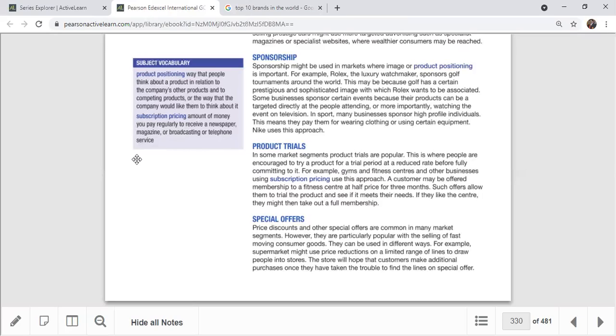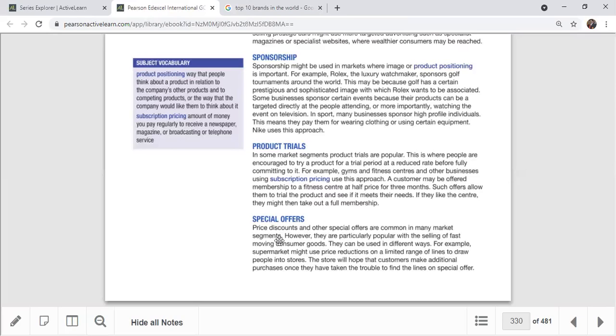Like for Zoom, we are paying a $15 subscription price every month in order to maintain the service. So a customer may be offered membership to a fitness center at a good subscription price, and also offered a free trial period before you actually subscribe. Some software you can use with a free trial period of 2 weeks or something, then you can subscribe. If they like the center, they might take out a full membership.